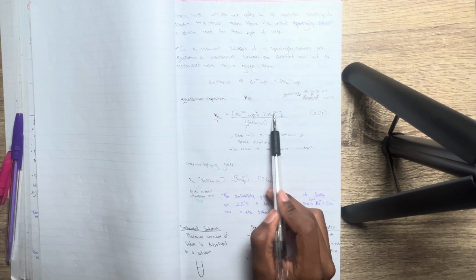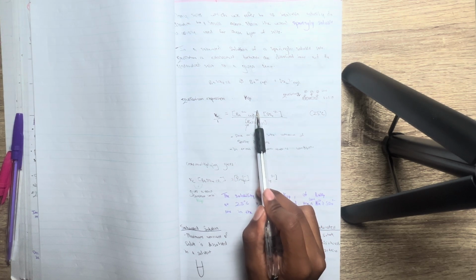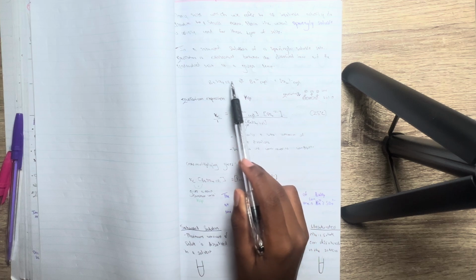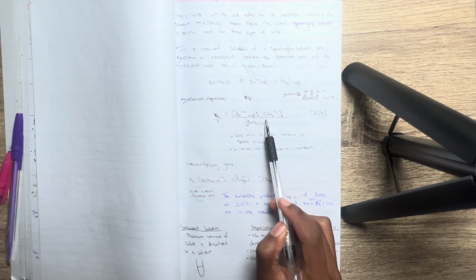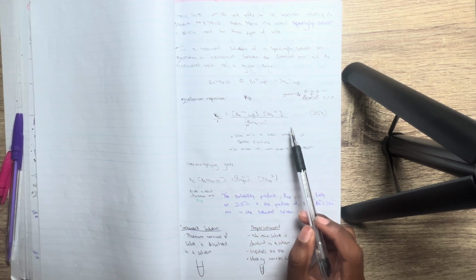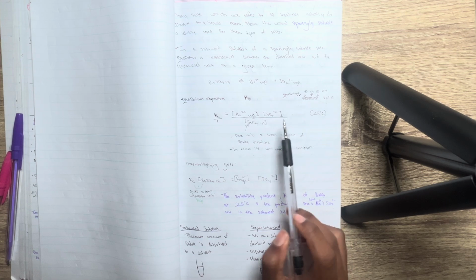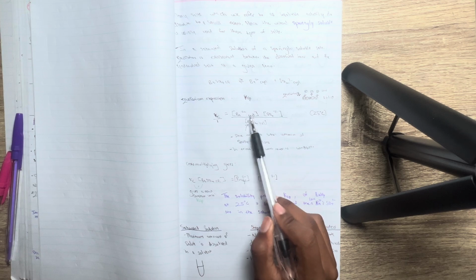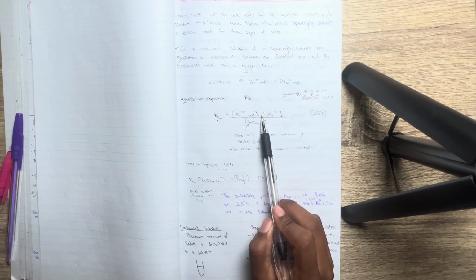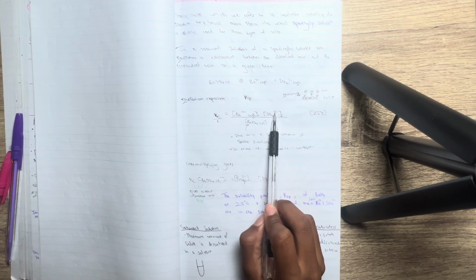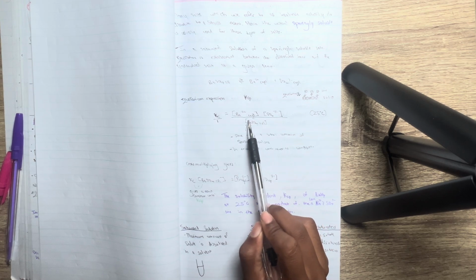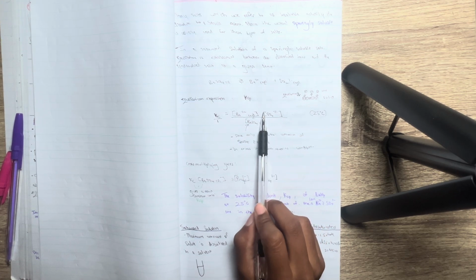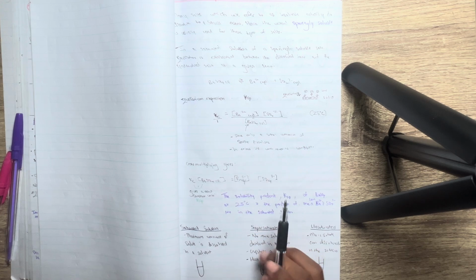So that's why we have product over reactant. Note that if we had coefficients in front, those would be used as the powers for our concentrations right here. So Kc is equal to the concentration of barium 2 plus multiplied by the concentration of the sulfate ions, divided by the barium sulfate. Remember, it's product over reactants, right?